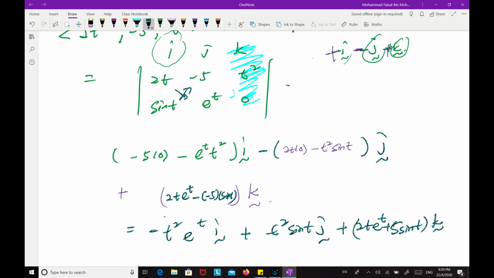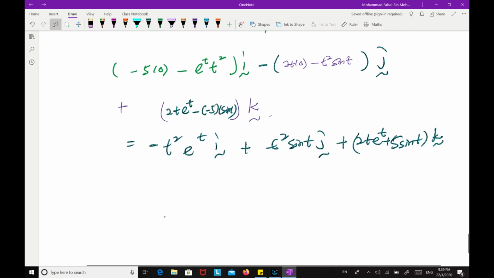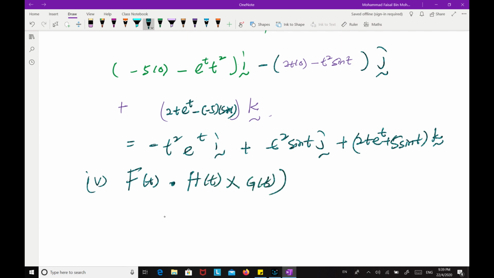Okay. Number 4, f(t) dot h(t) cross g(t). In this case you have to do this cross first. Remember that if you start from the left, f(t) dot h(t) will be a scalar.